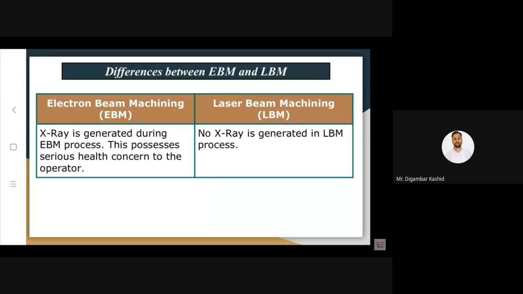In EBM process, X-ray is generated, and due to X-ray, this process poses serious health problems for the operators. In laser beam process, no X-ray is generated.